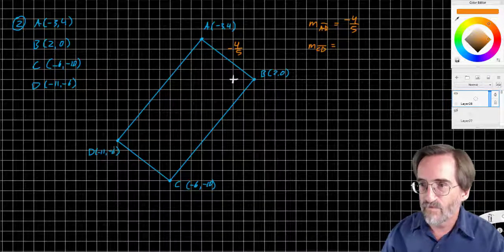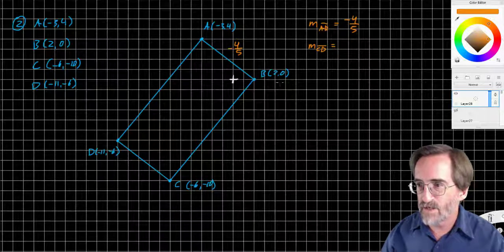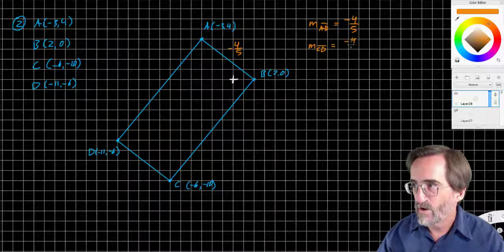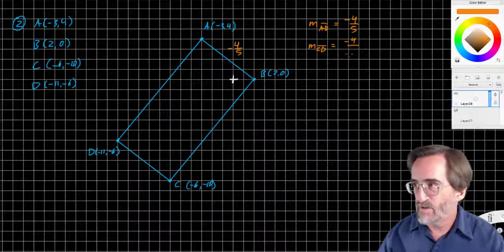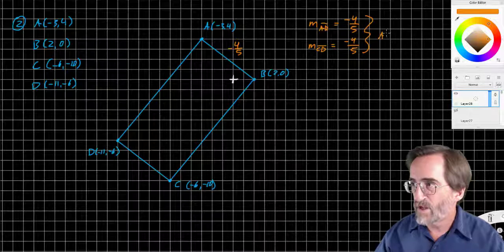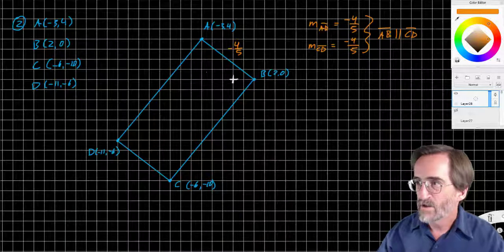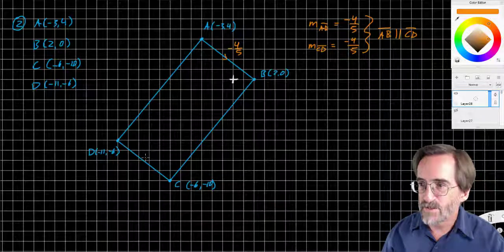So -6 to -10 is down 4, and from -11 to -6 is up 5. So these two are parallel. AB is parallel to CD.